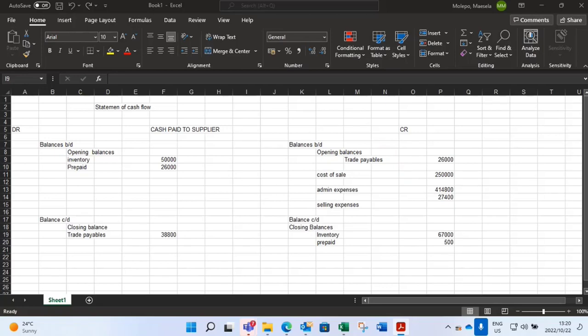So here we have 39 plus 7.4 is 46,400. Yeah, 46,400. But there's something that is missing here, because this 63,600 is not included there when we do our calculation.